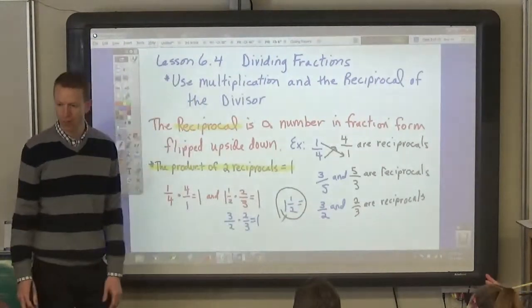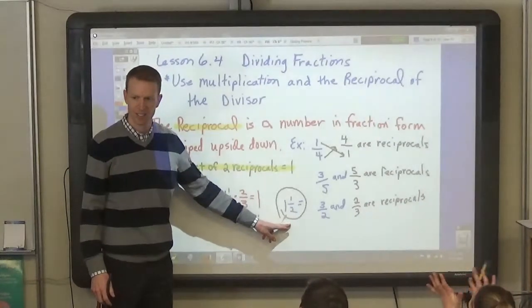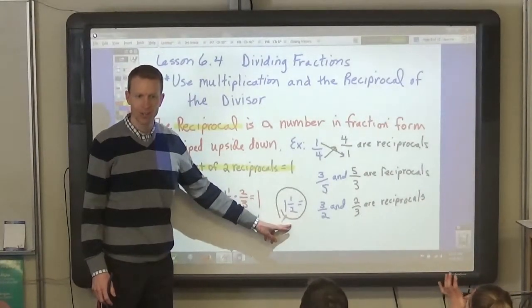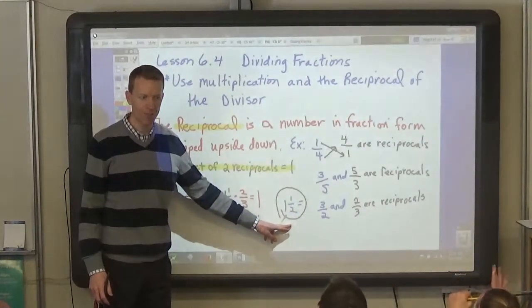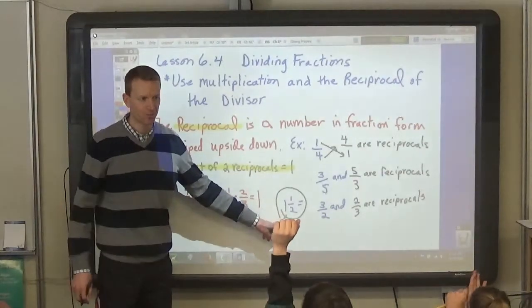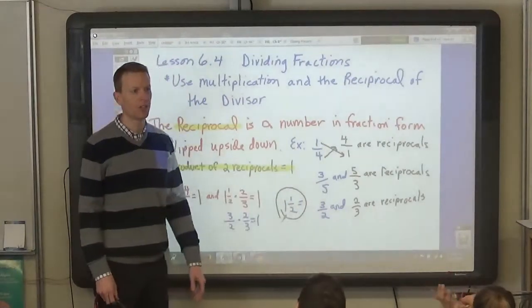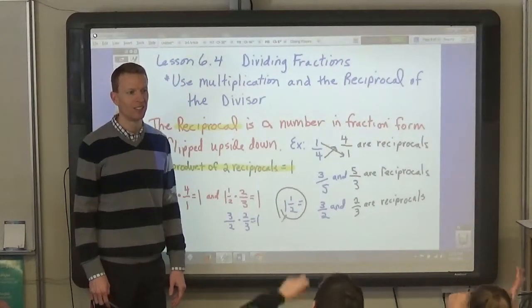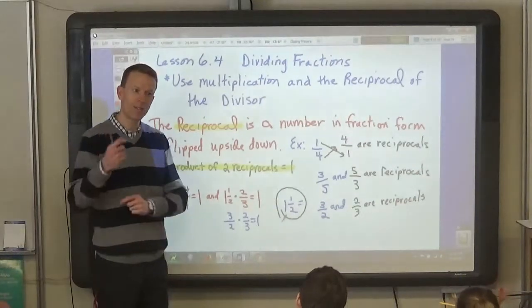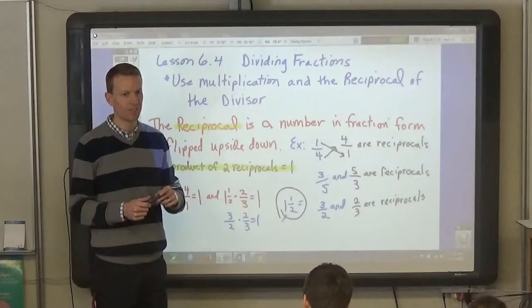What is the top heavy fraction of 1 1/2? Abby? 3 over 2. What's the reciprocal of 3 over 2? 2 over 3. So once you have the fraction, then you can find its reciprocal.